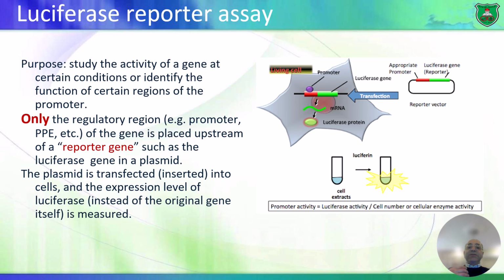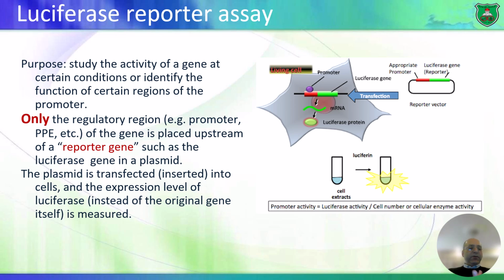Now, the stronger the signal, the stronger the light, the higher the activity of the promoter is, the more the gene is expressed. The more luciferase is in the cell, the more light is going to be produced. Okay, so that's the idea.